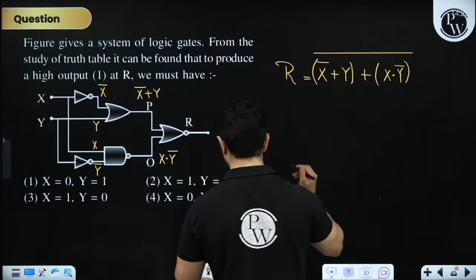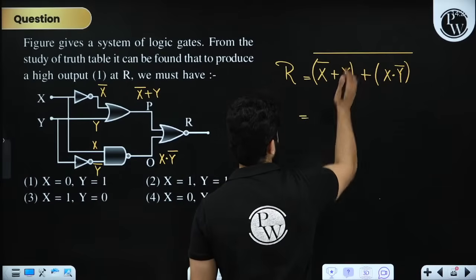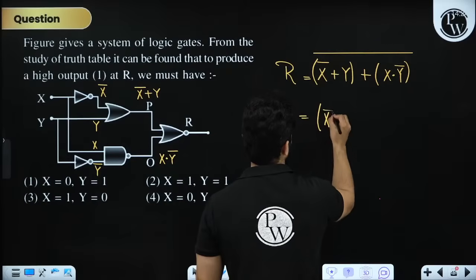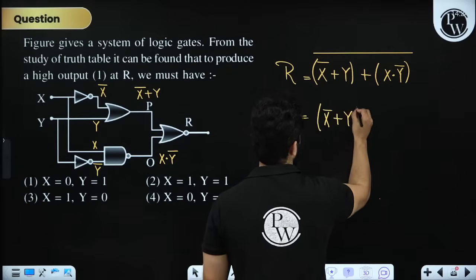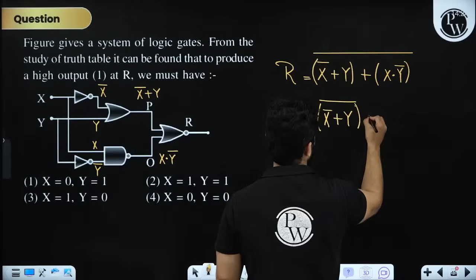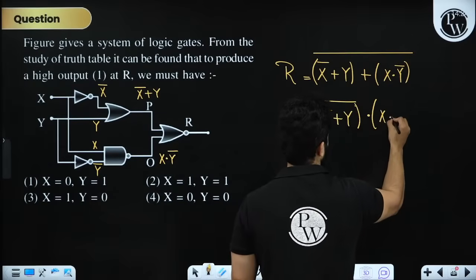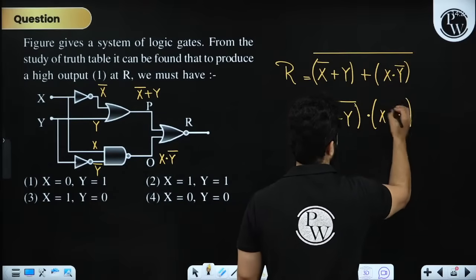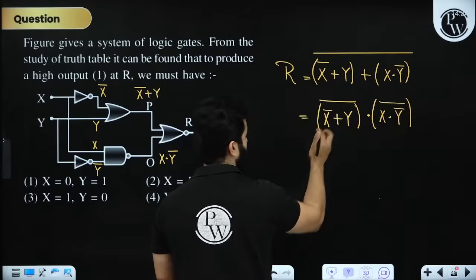Next is, break the line, so we'll have X bar plus Y bar, bar on it, and change the sign, X dot Y bar and a bar on it. Now let's do the same thing over here.